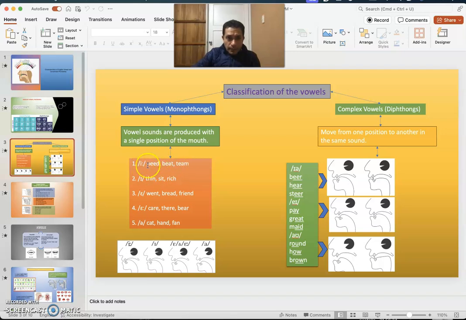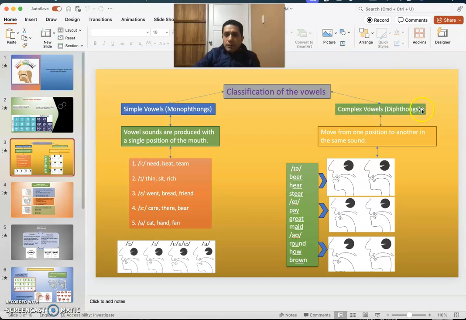As you can see, I provide many examples of the simple vowels: knit, bit, thin, sit, rich, went, bread, friend, care, there, bear, cat, hand, fan.